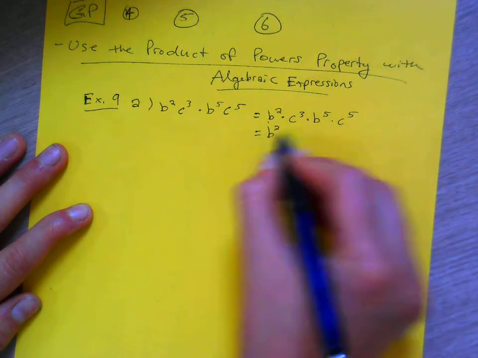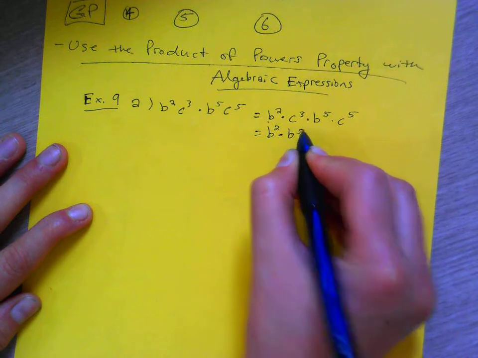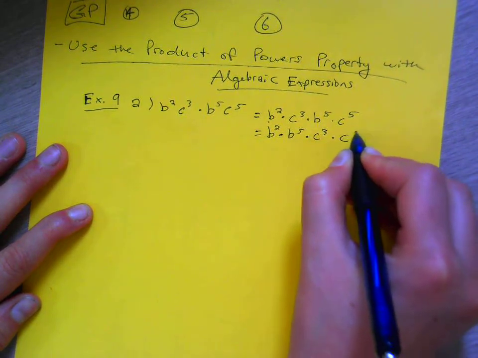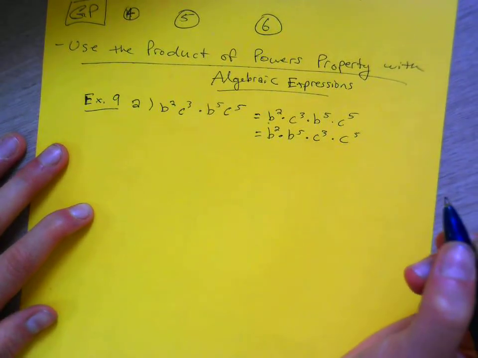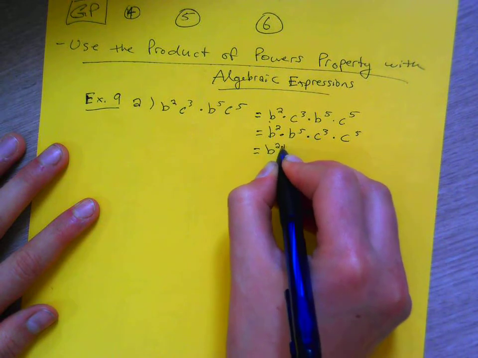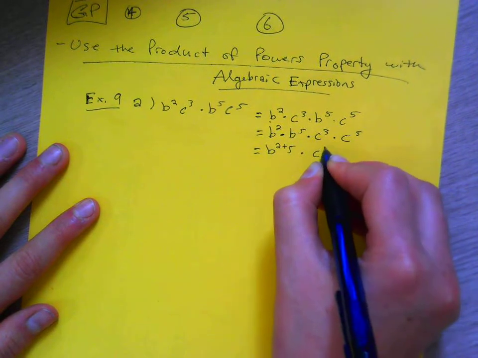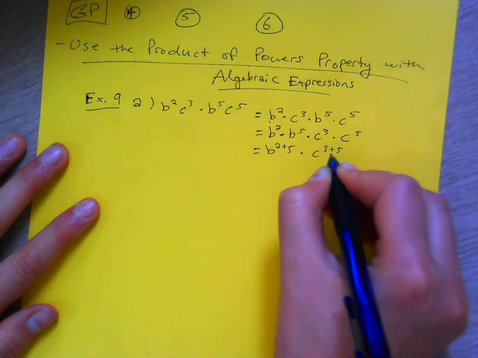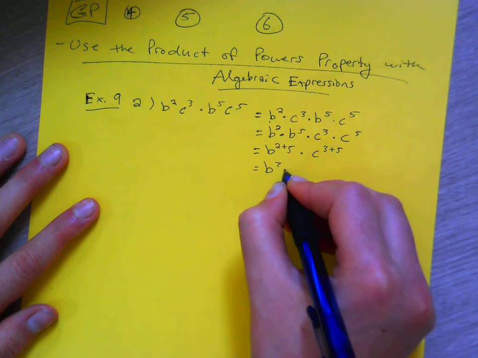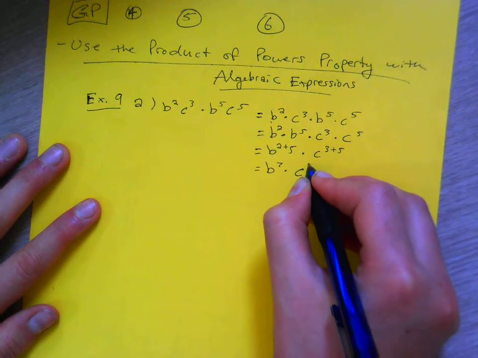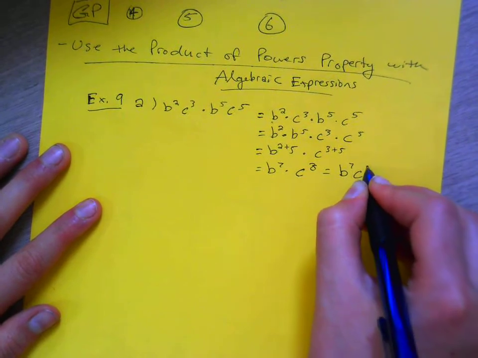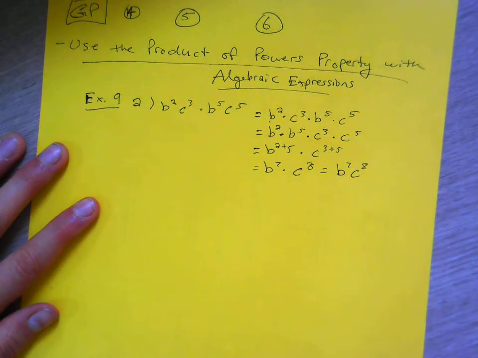B squared comes here, b to the 5th power comes here, c cubed comes here, c to the 5th power comes here. Now let us simplify by adding the exponents, b 2 plus 5 times c 3 plus 5, equals b to the 7th times c to the 8th, which can also be written as b7 c8. And that is the answer for A.